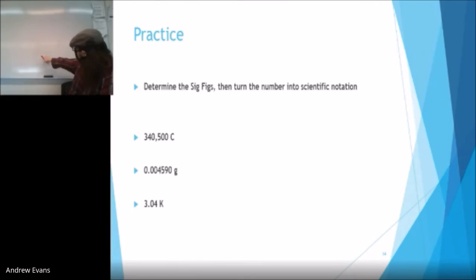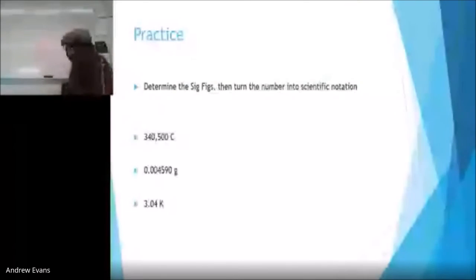We would have 1, 2, 3, 4. So we can just include everything to the right, including that 0. Now, when we turn that into scientific notation, I have to move the decimal 1, 2, 3 places, somewhere between the 4 and the 5. So that's e to the negative 3.